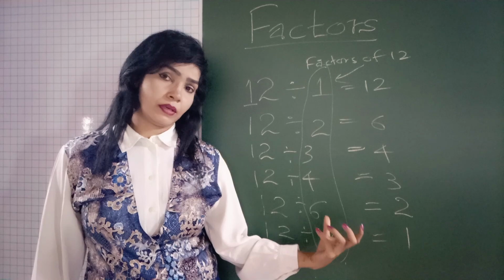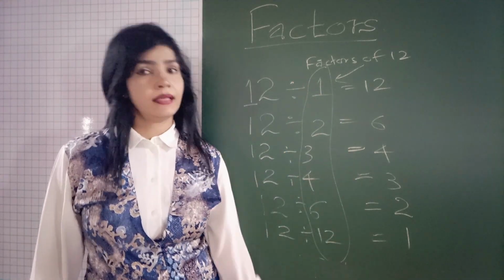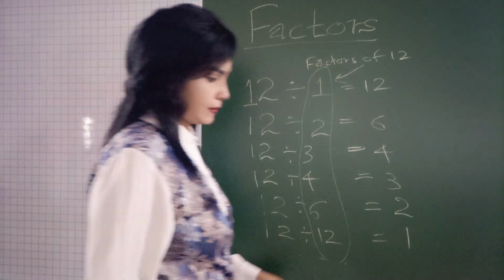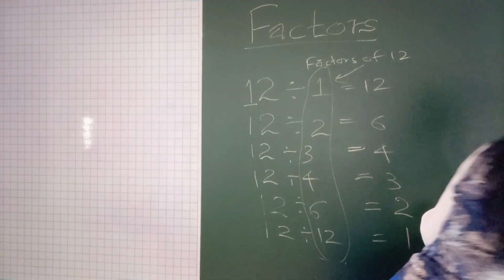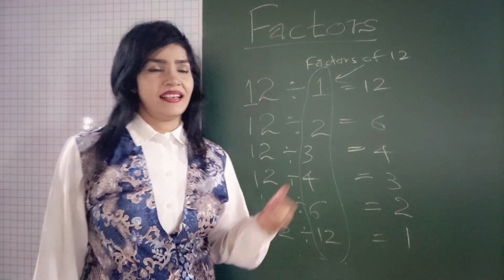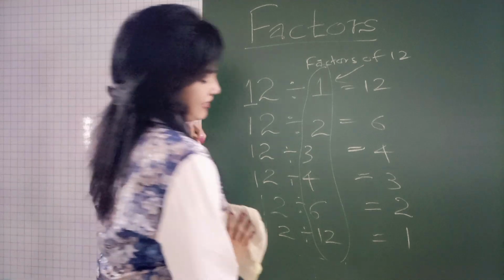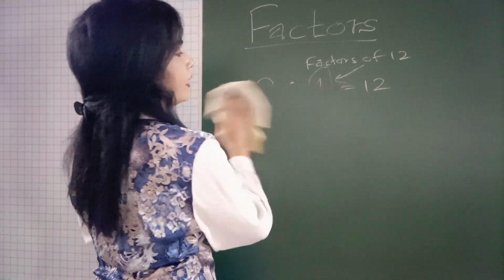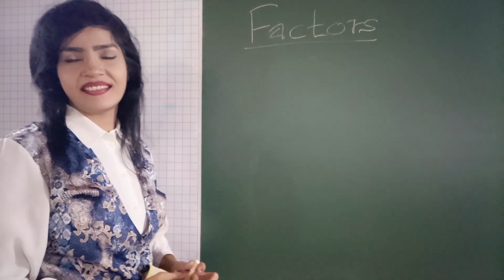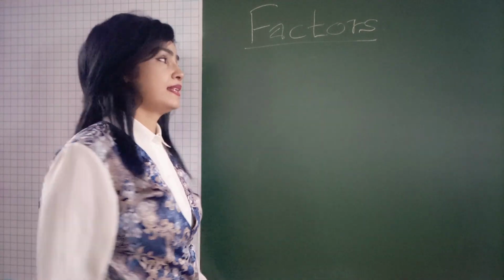So we can have these factors in an easy way. Let's see how to get it. Okay, I'll first erase this one. Let's see how to get the factors of 12 easily.